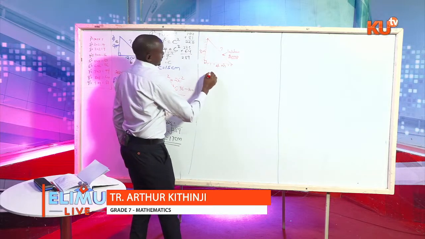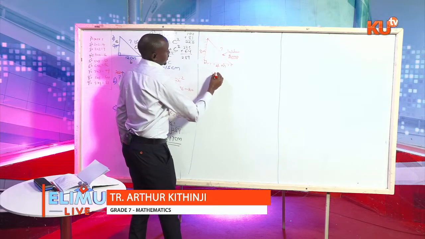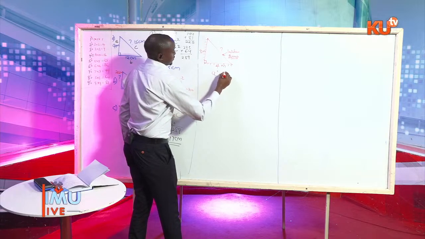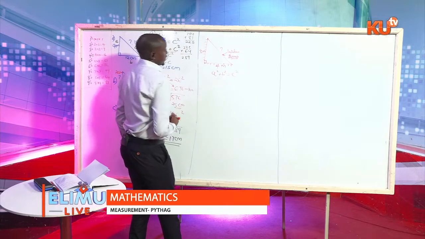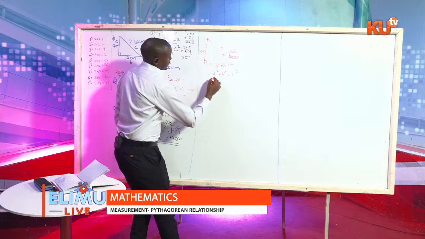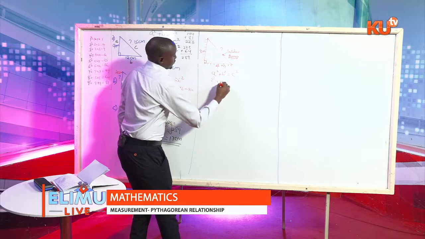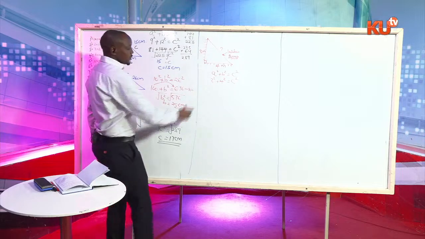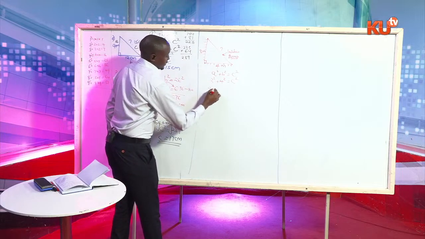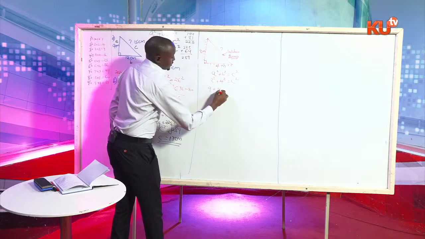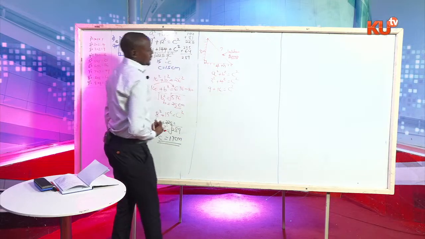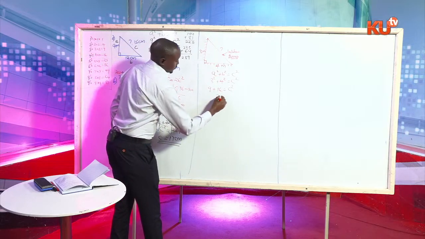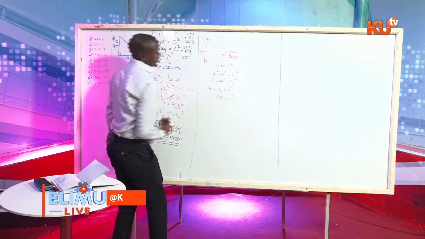That means we shall just use the Pythagorean relationship. a squared plus b squared is equal to c squared. We have our a as 3 squared, our b as 4 squared, and what we are looking for is c. So 3 squared is 9, 4 squared is 16, and our c squared remains. 9 plus 16 is 25, so c squared is 25.